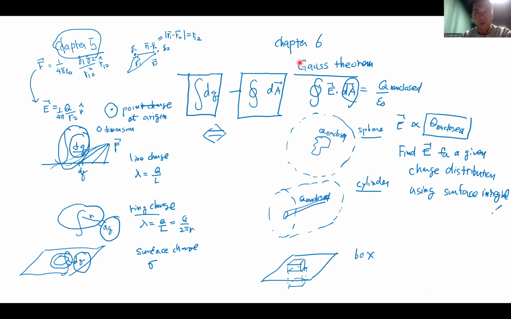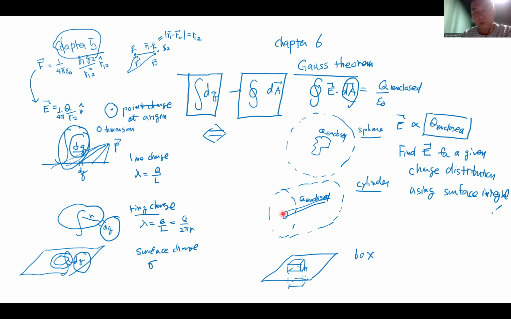But in chapter 6, we use Gauss's theorem, so that each individual integral of the charge element dq is changed into a simpler surface integral. We calculate the electric flux, which is directly related to the charge enclosed by these closed surfaces.